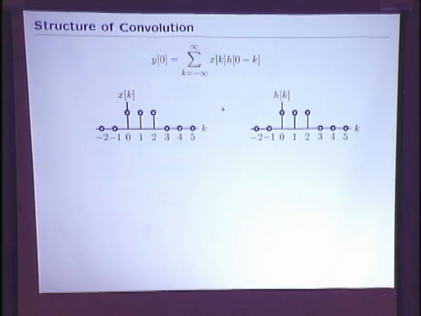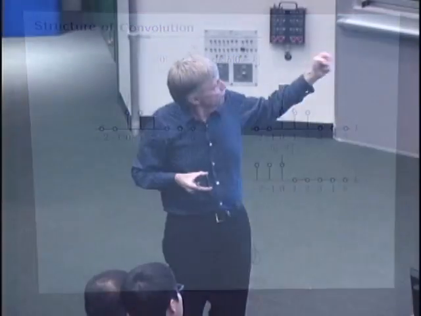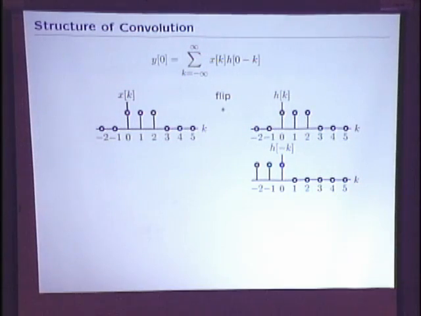Then the x looks okay, but the h doesn't. I need h of minus k, so I have to flip it. I'm flipping about the n equals 0 axis so that positive n becomes minus n. Positive k becomes minus k because I want this to be minus k up here.